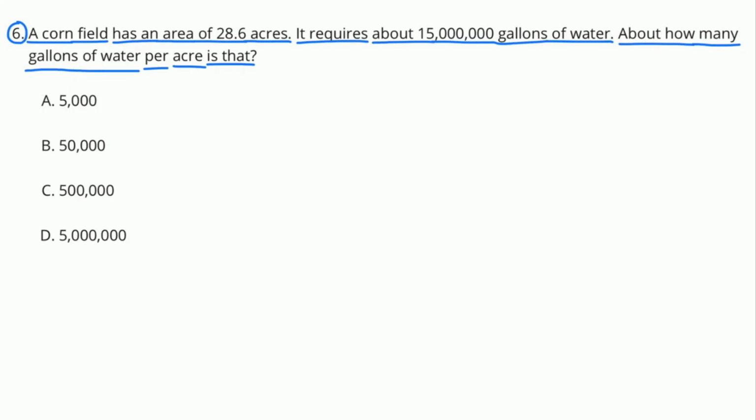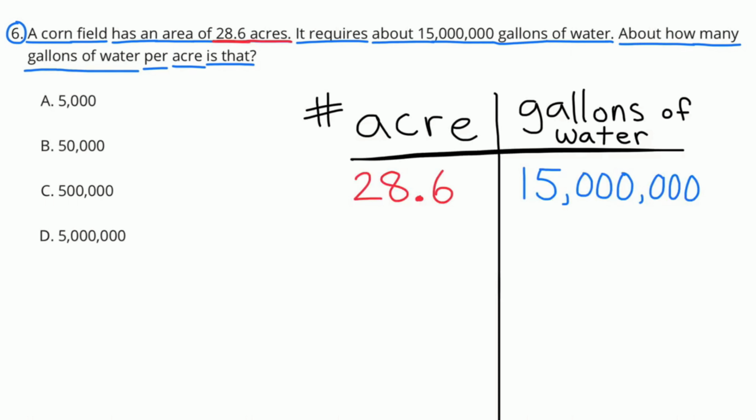Number 6. A cornfield has an area of 28 6/10 acres. It requires about 15 million gallons of water. About how many gallons of water per acre is that? To figure this one out, I created a table with the left-hand column having the number of acres and the right-hand column having the number of gallons of water. 28 6/10 acres for every 15 million gallons of water.